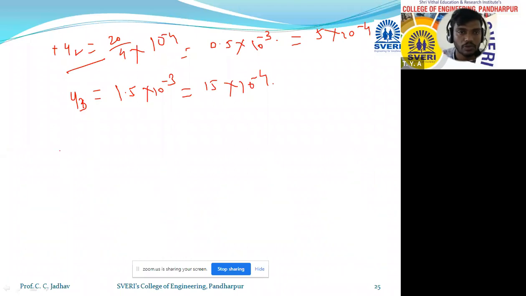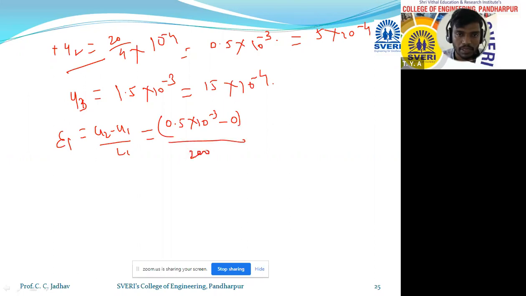Next point is we have to calculate the strain. Strain of element 1 is u2 minus u1 divided by L1, is equal to u2 value 0.5 into 10 raised to minus 3 minus u1 which is 0, divided by L1 which is 200.